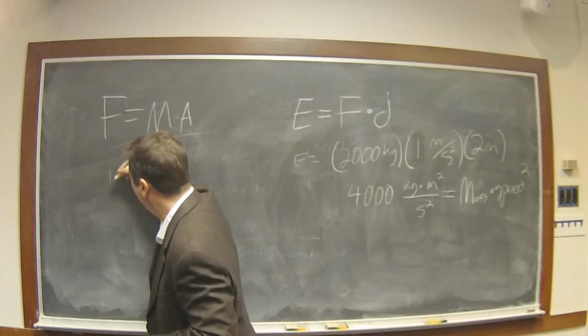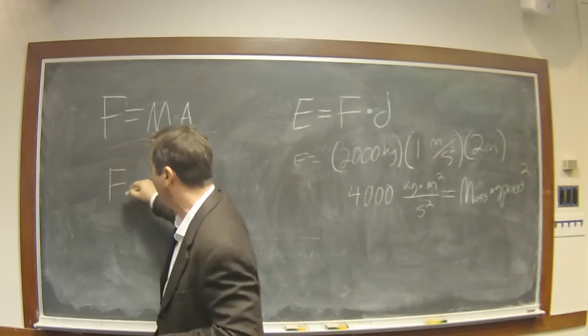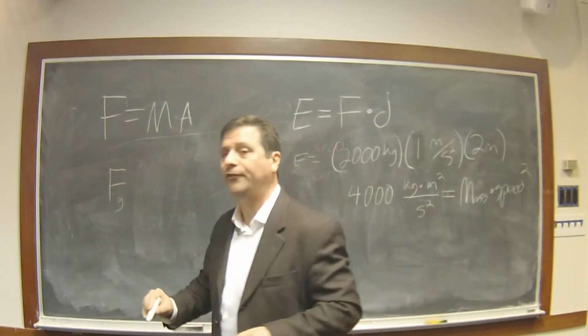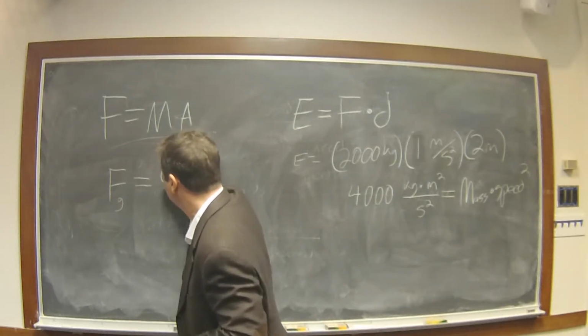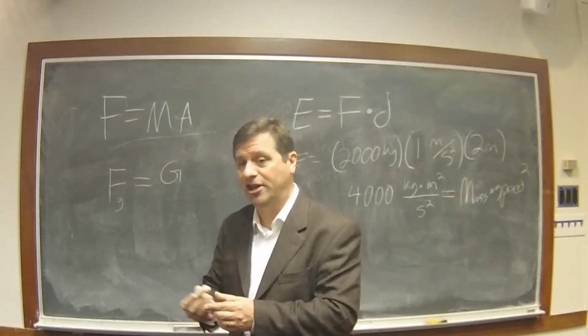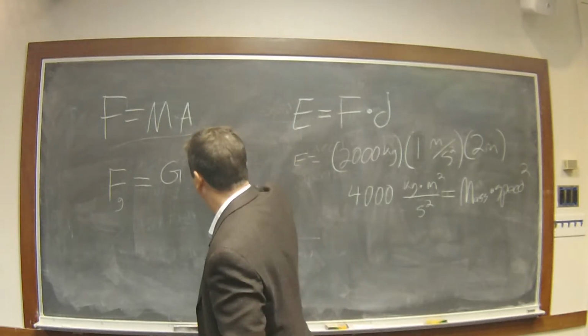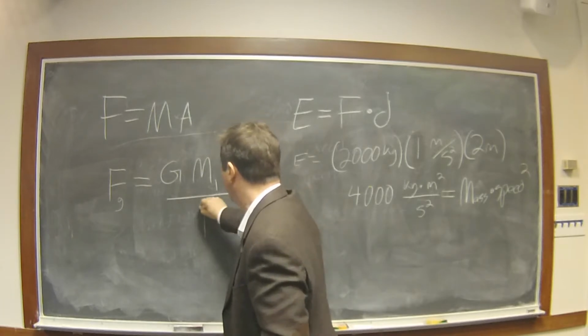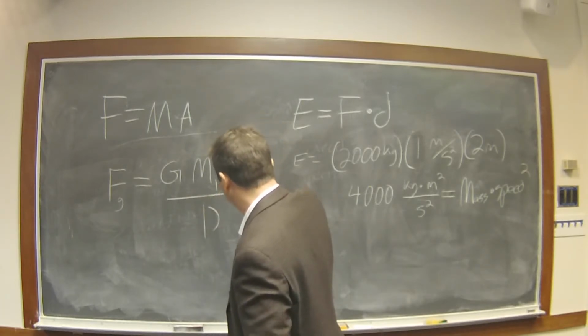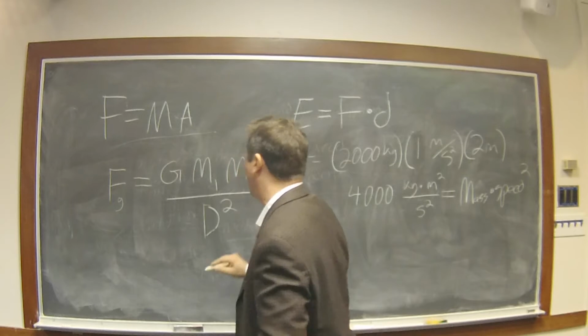Well, the force due to gravity, which is a special kind of force, and so we always put a little sub g underneath it for gravity, is equal to some big number, capital G, times the mass of one object, times the mass of the other object, divided by the distance between them, squared.